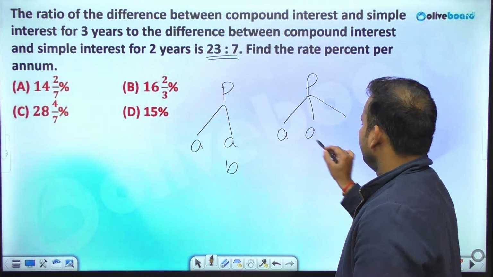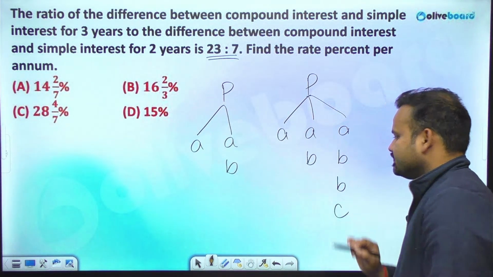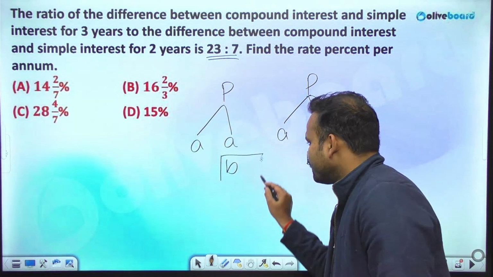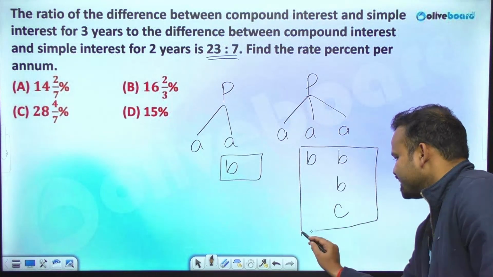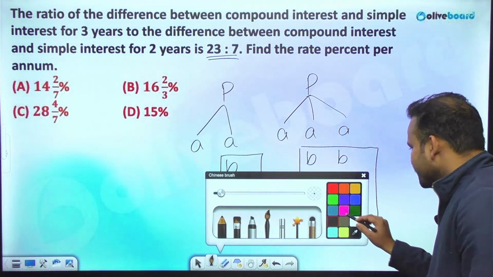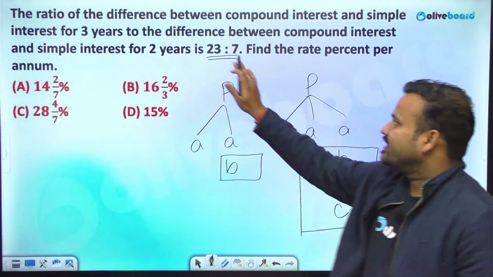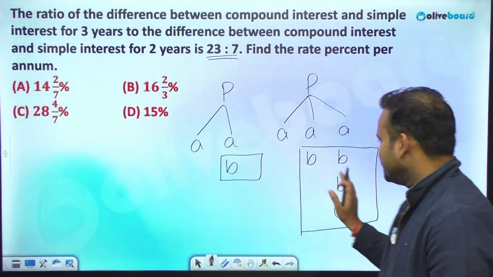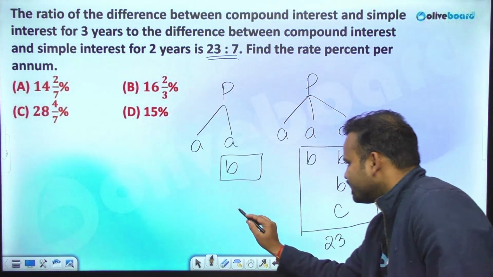This is A, this is B, B and C. This is the CI-SI diagram for the difference for 2 years, and this entire box is the difference of CI-SI for 3 years. This ratio is given as 23 and 7, for 3 years and 2 years. So this is 23 and this is 7.